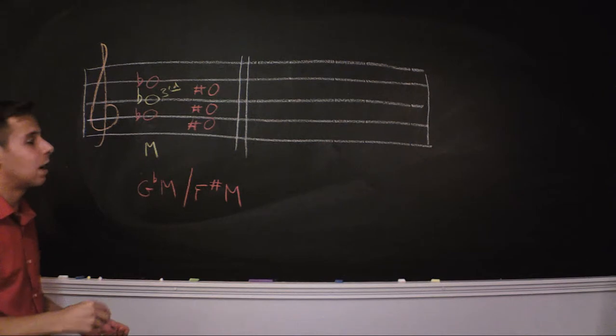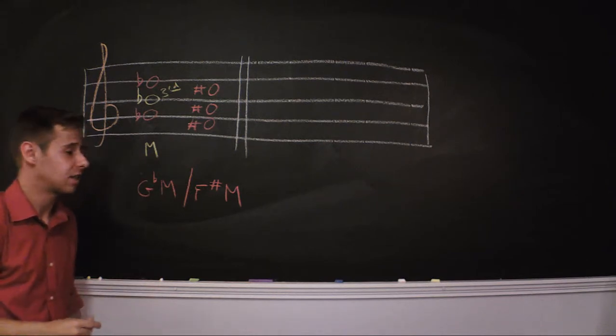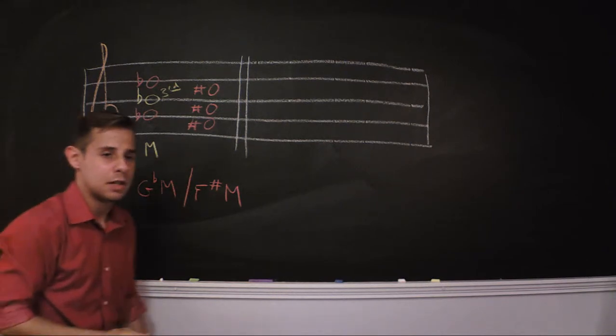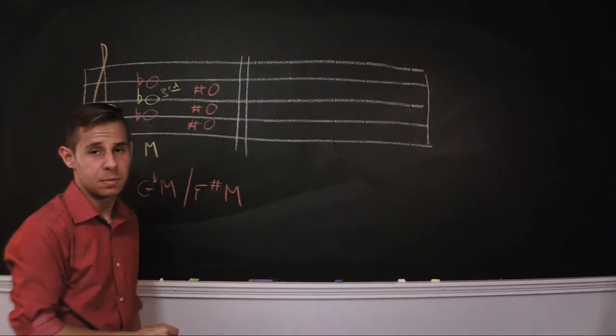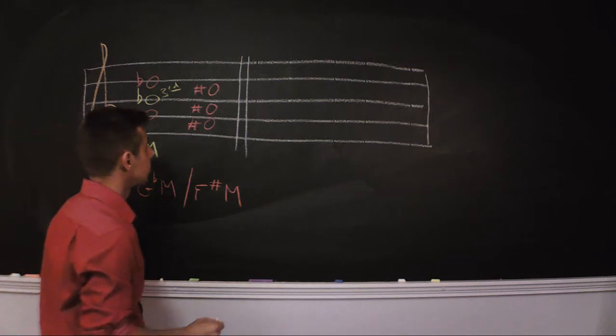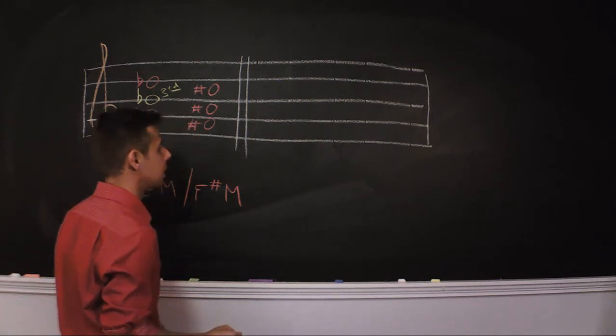Okay. Now, I'm going to move on to the next type of exercise. I am going to give you a spaced out chord, and I want you to reduce it to root position. So what shall we do?